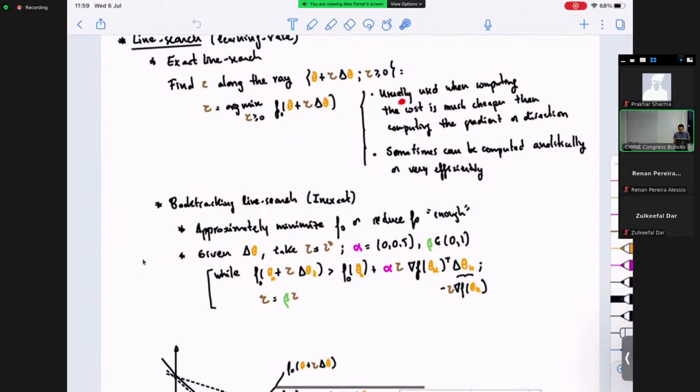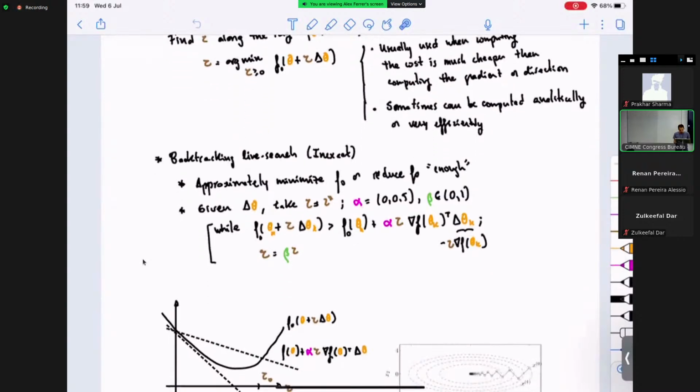Exact, we were saying, is usually used when computing the cost is much cheaper than computing the gradient. But here the cost is expensive and also the gradient. We cannot do an exact line search. Or we can do an inexact one, which is backtracking. What does it mean? You start with a value, and then you divide it by 2, by 2, by 2, and when the cost has descended a little, then you say this line search is good.